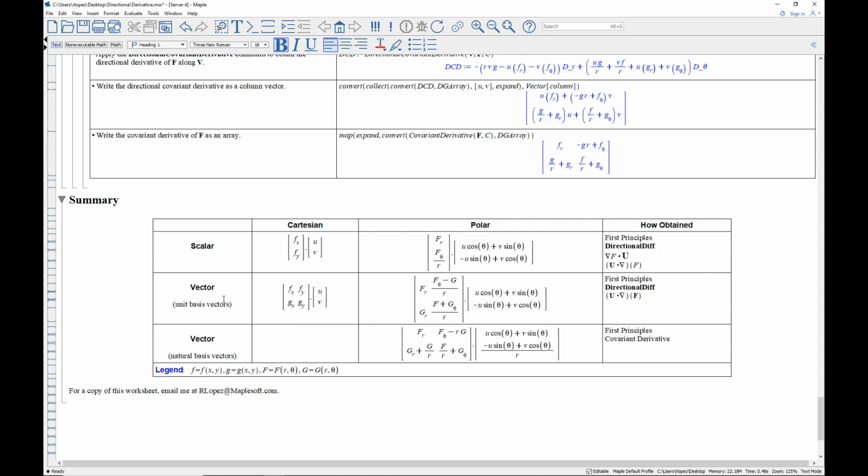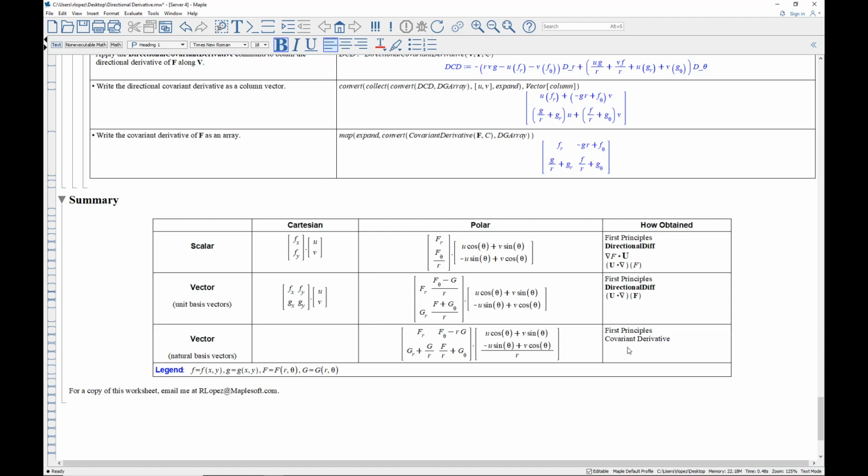If you are looking at the directional derivative of a vector in Cartesian coordinates, this is what you get if you are using unit basis vectors, and this is how we obtained it in Maple. And if you're looking at a vector using natural basis vectors, this is the result.